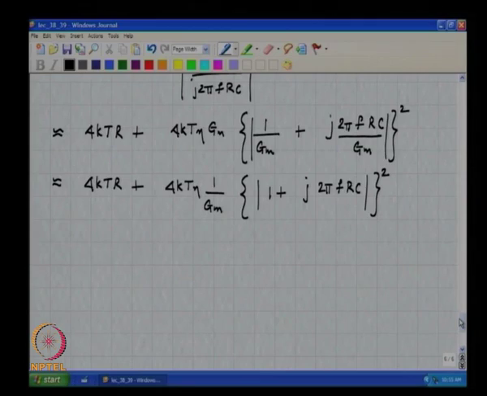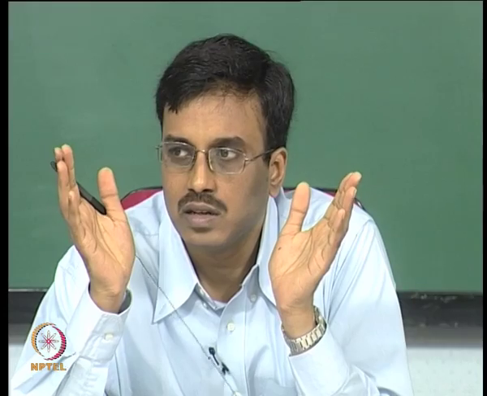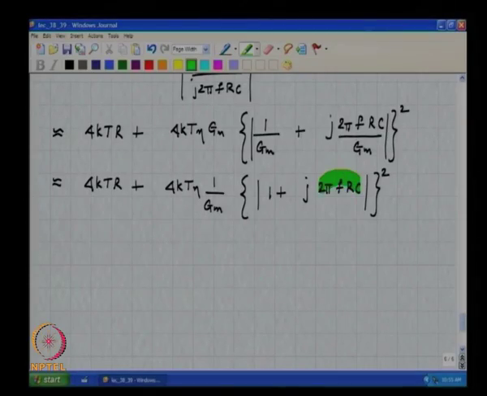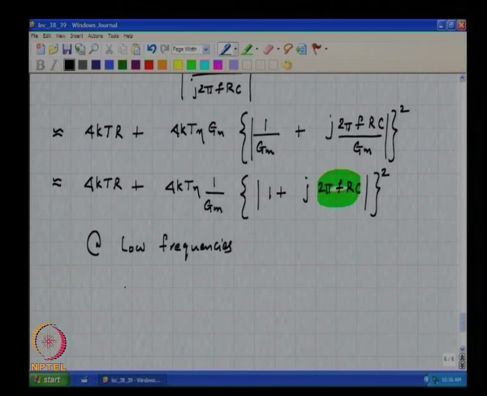Our input signal is at low frequencies only, right. So, at low frequencies this is going to be much smaller than unity. So, the input referred noise spectral density at low frequencies is 4 KTR plus 4 KT eta by GM.